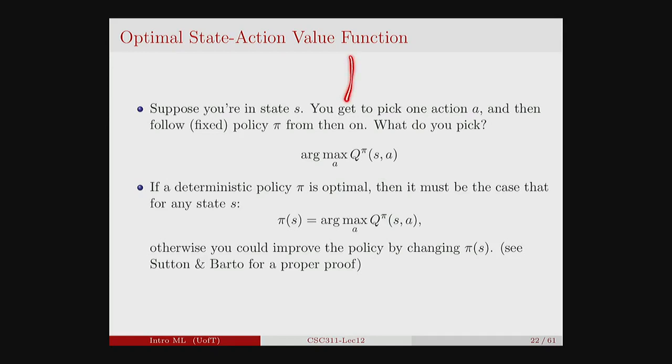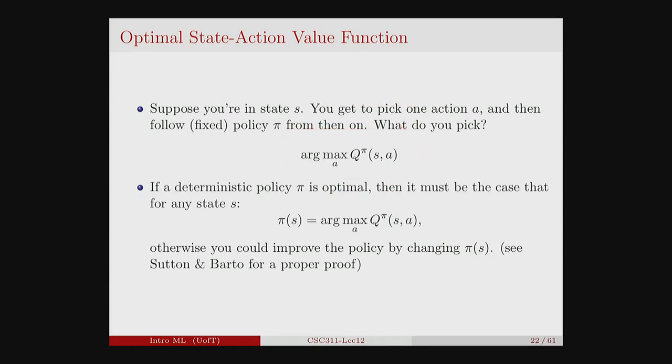Because remember, you can go look in the row of the Q matrix corresponding to state S, and you can ask which action do you pick from this point. And if each entry of this row tells you the future return from being in state S and taking action A1, A2, A3, A4, then the right thing to do here is to pick the action that maximizes Q pi in that row.